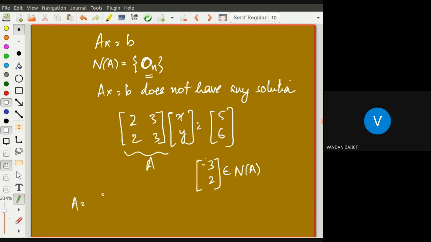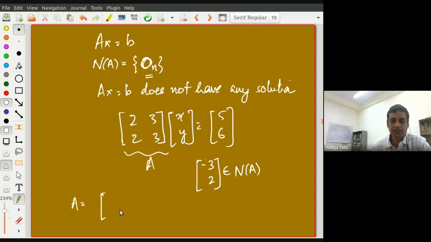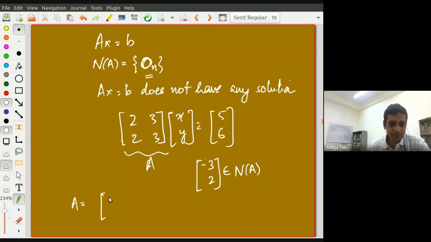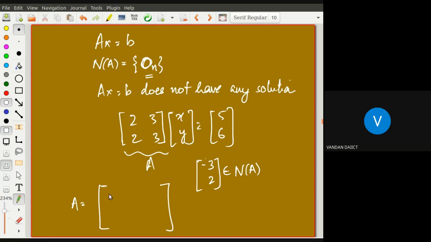What is the size of the matrix? 3 cross 3. Okay, interesting. I don't think it's possible. Let's see. First column 1, 1, 2; second column 2, 2, 1; and 3, 3, 2. And the b vector is 5, 6, 4.